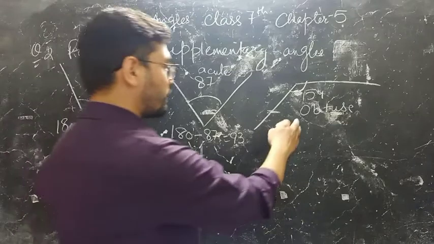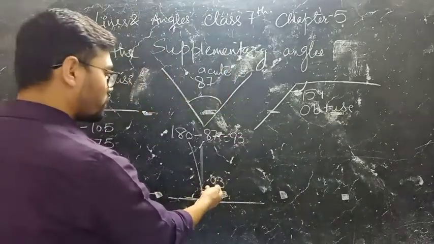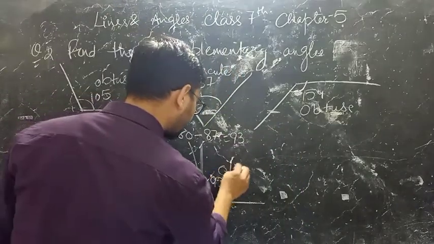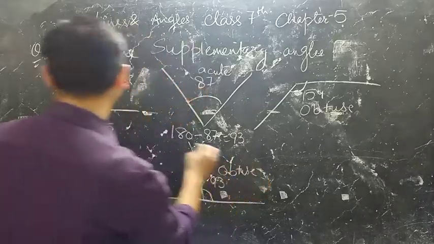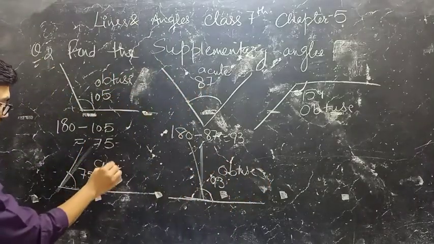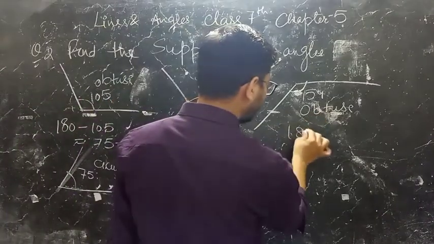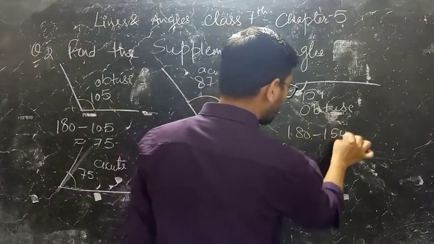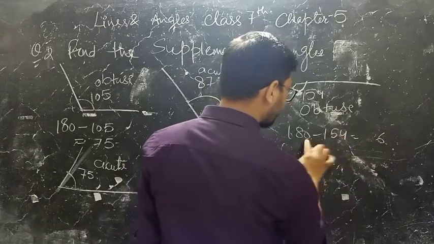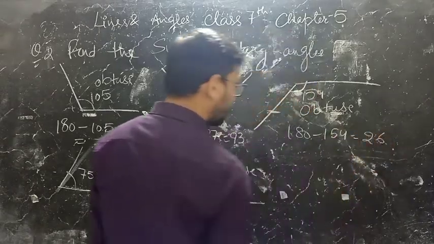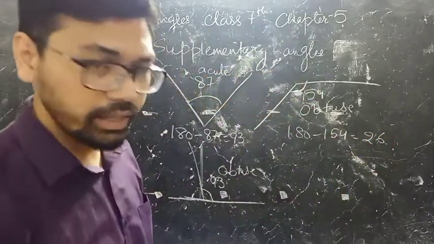Then if this is 154, which is an obtuse angle, its pair will be an acute angle. 180 minus 154: 10 minus 4 is 6, 7 minus 5 is 2, so 26. That means 26 is an acute angle.